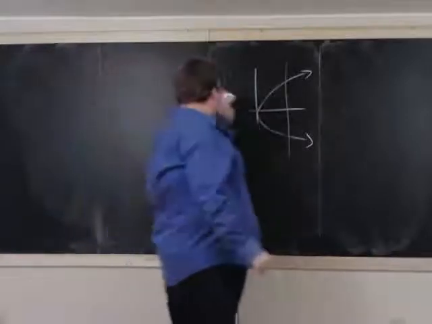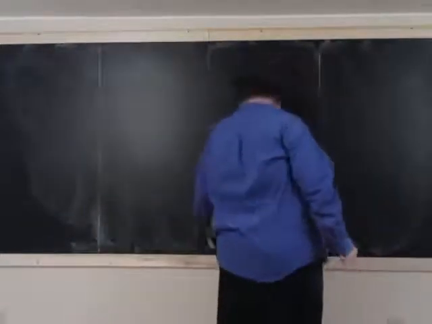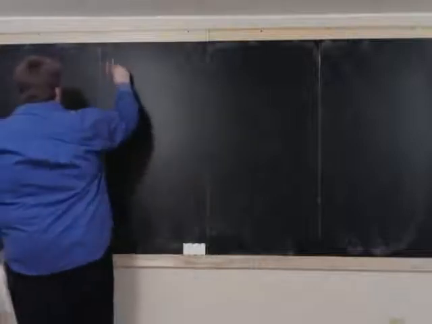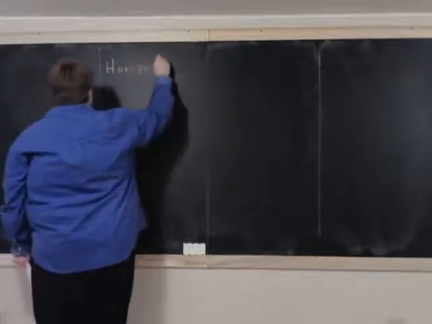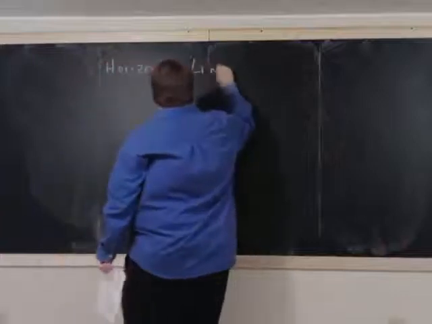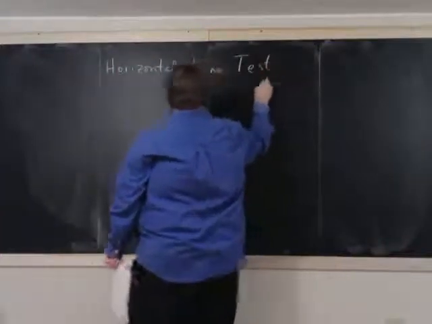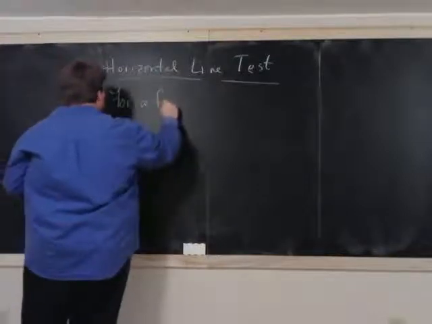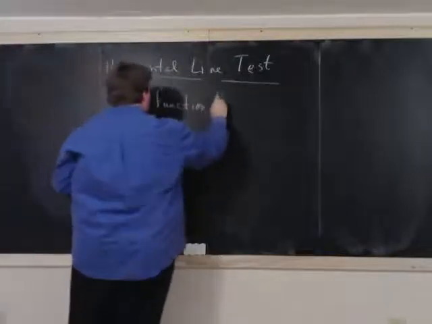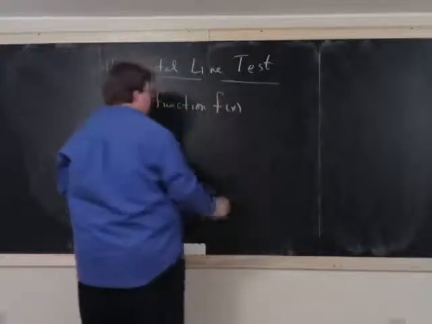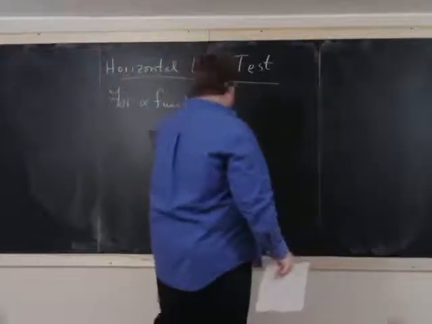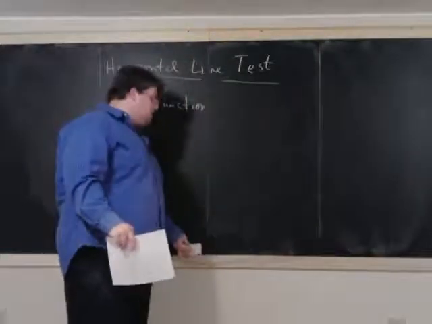Let's write it as a theorem. I want the phrasing the book used. This theorem is called the horizontal line test. For a function f, sometimes it's nice to have the of x, sometimes the of x just gets in the way.